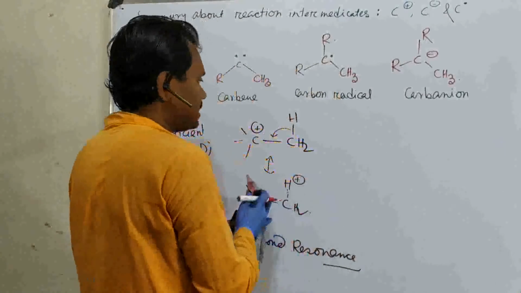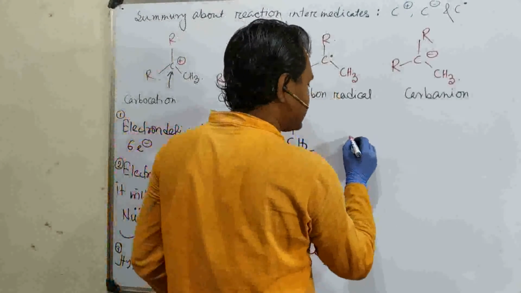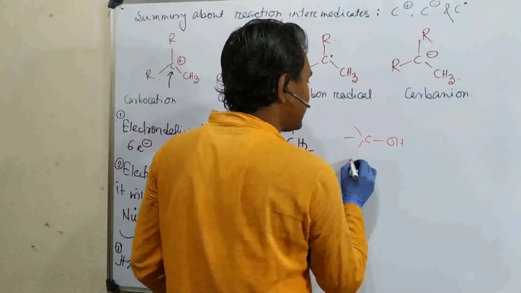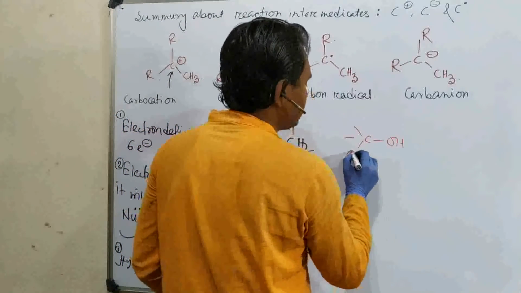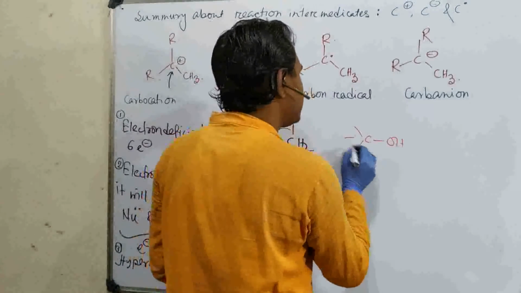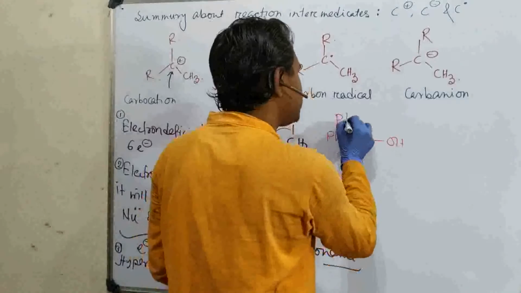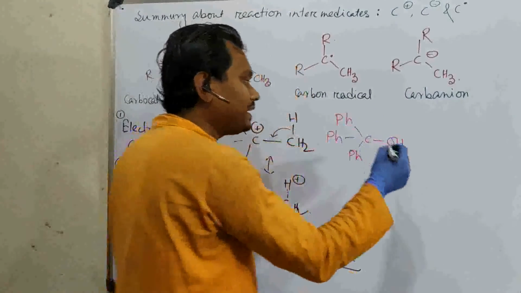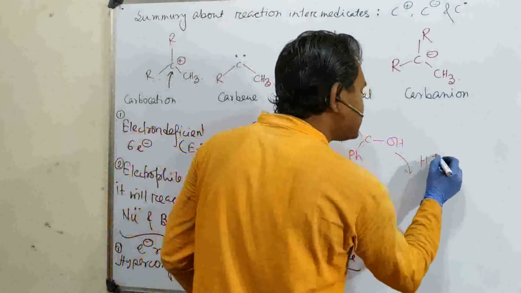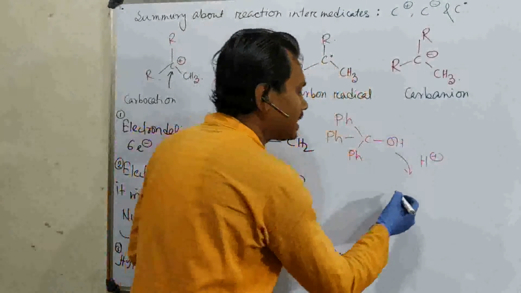Resonance means, for example, let's consider this compound, trityl alcohol, Ph3C-OH. If you put any kind of acid like sulfuric acid, it gets a slight amount of H plus, and what is it converted to? A trityl cation.